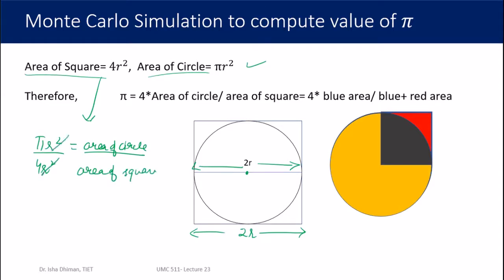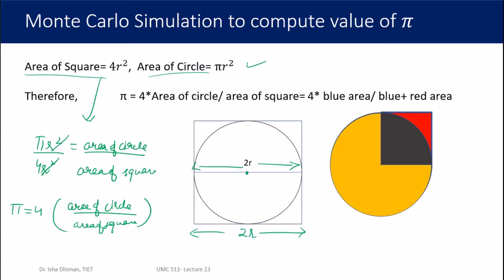R square gets cancelled, so pi is nothing but 4 times the area of the circle by the area of the square. So far we have not done anything related with Monte Carlo simulation. It's purely the geometry telling me that pi is going to be 4 times this ratio, the area of the circle divided by the area of the square.